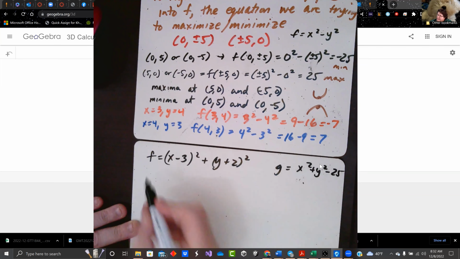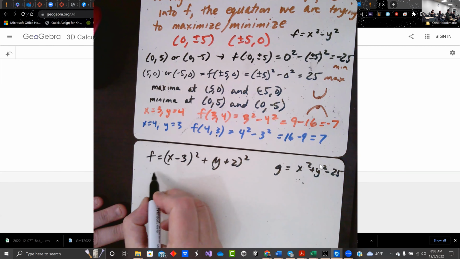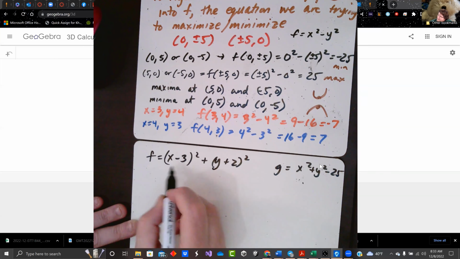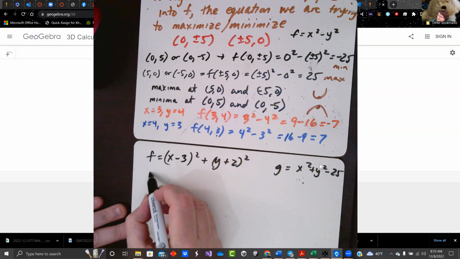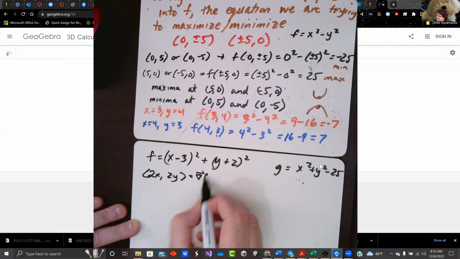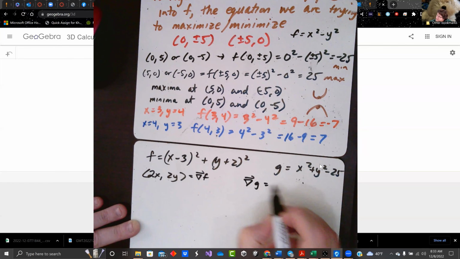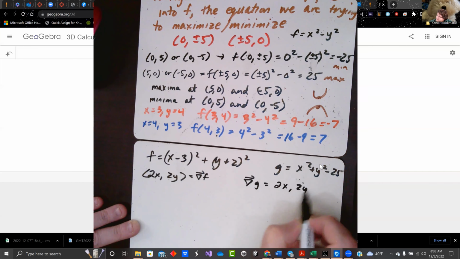If we redo this, this is going to have similar values. So here I have 2x, 2y for the gradient of f, and the gradient of g is 2x, 2y.